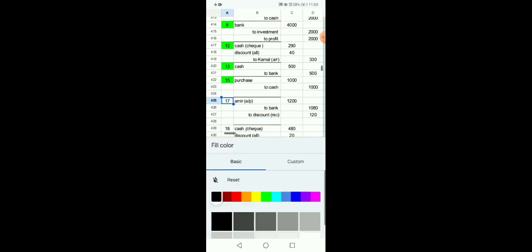But since reference of 1080 and 120 was same, which was Amir, date was same, so you have chosen the same row to write discount over here. There were two elements, bank and discount in our entry. Bank and discount both have been posted. Entry is completed. Mark 17th entry as it has been done.